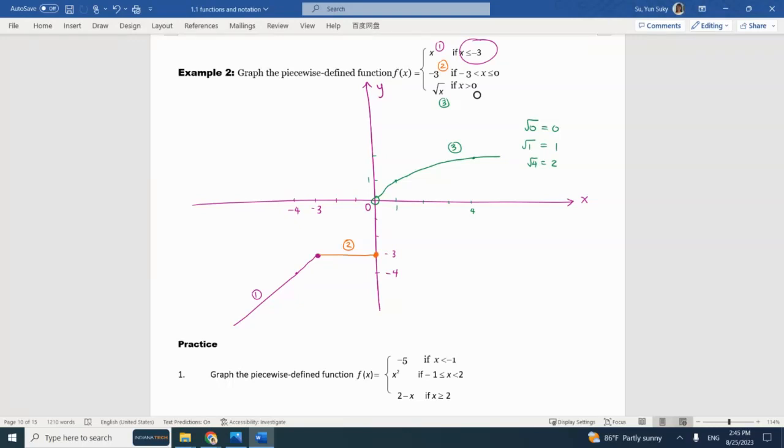No, not yet. I just put in 0, just to get the points. And then the second piece. Open circle or solid circle?